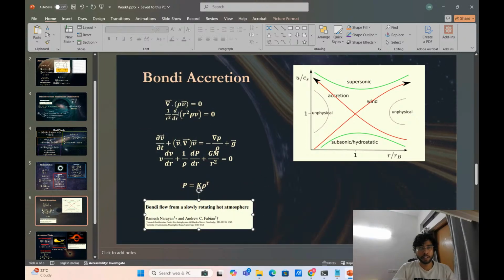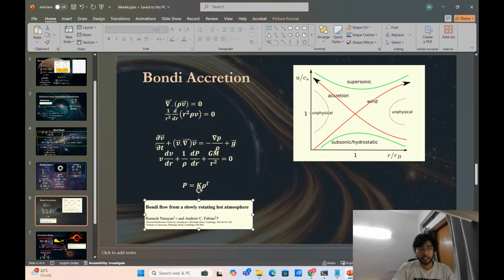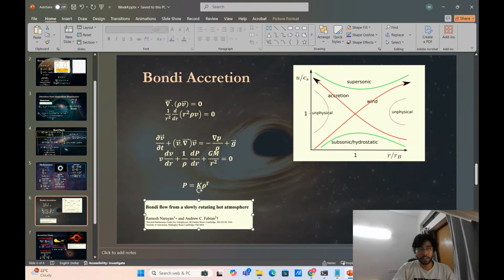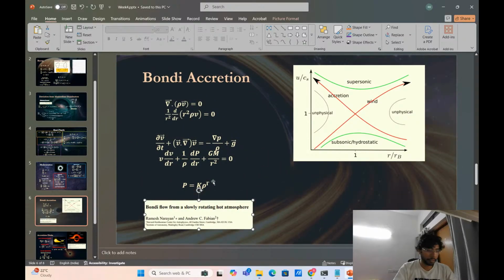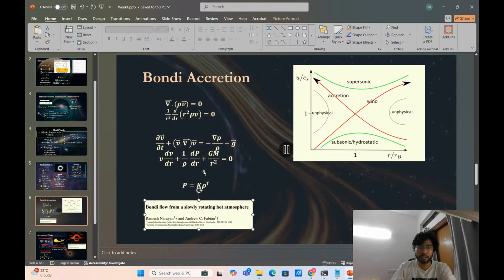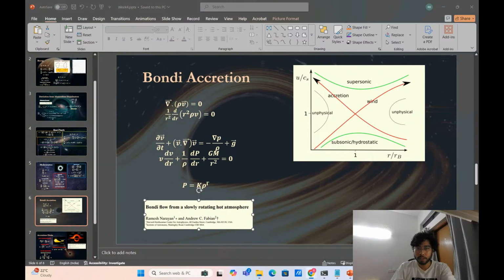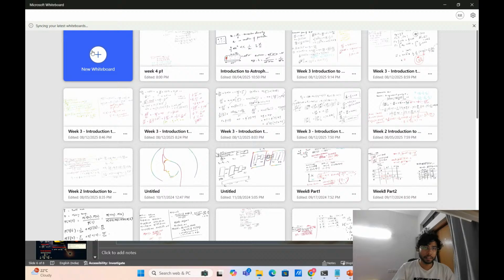So this continuity equation, as we saw in spherical coordinates, will reduce down to this thing, and this is the Euler equation, whose r component in spherical coordinates will reduce down to this thing, right? And obviously, we'll have the equation of state. Now, using these three equations, we'll derive the solutions for this Bondi flow. So let me go back to my notebook and start a new one.